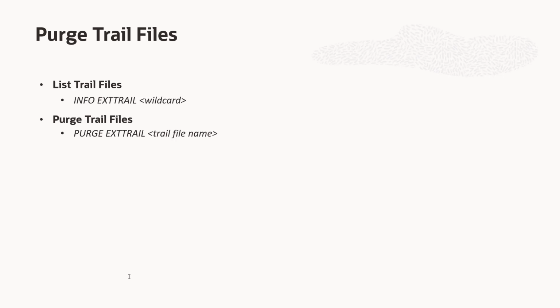You can also use admin client to purge the unused trail data manually. What we're going to do is we're going to use info xtrail with the wildcard being a star to list all the trails. So there will be only one, E1 in our case. And then we're going to use purge xtrail E1 to purge the unused trails, if any.